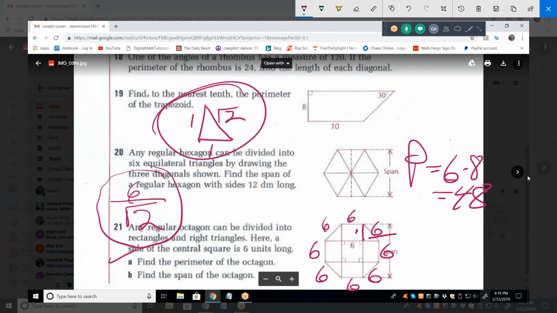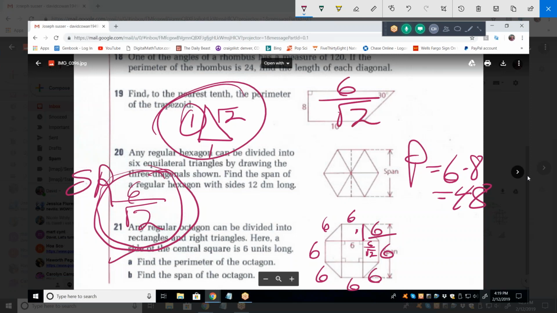In other words, I'm taking the similarity ratio and multiplying it by 1 to get that side. And this side over here is also 6 divided by root 2. There's only one problem with that answer. What is it?